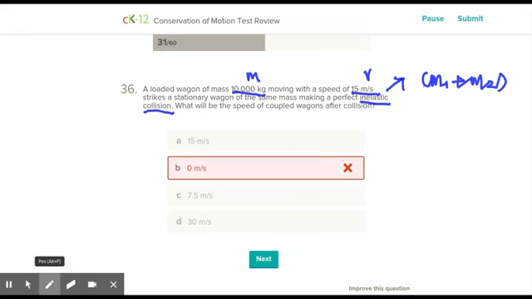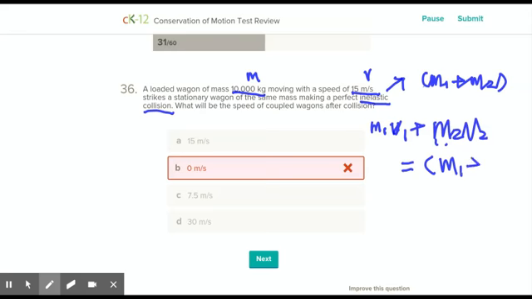So what you're going to have is m1 v1 plus m2 v2 equals, you add them up, times v3, right? It's the same thing over and over.